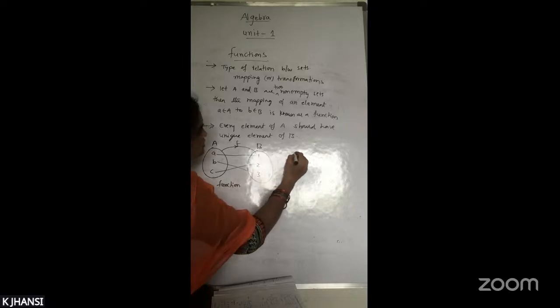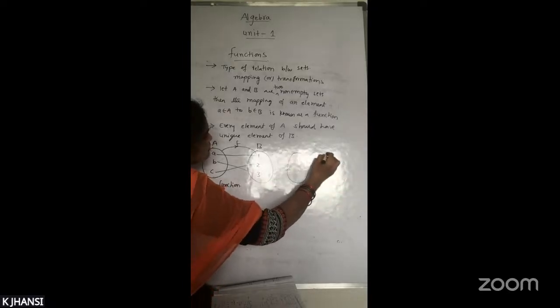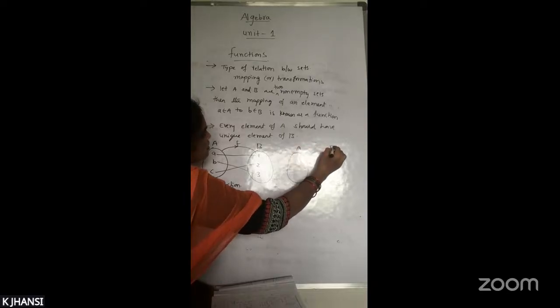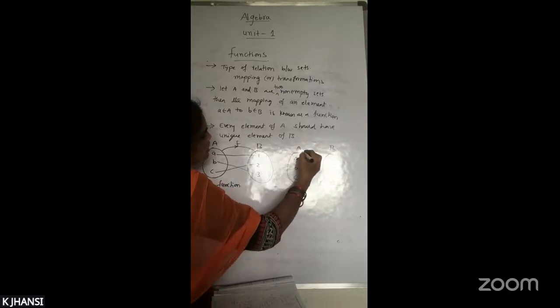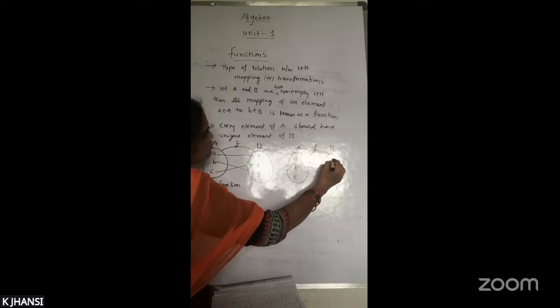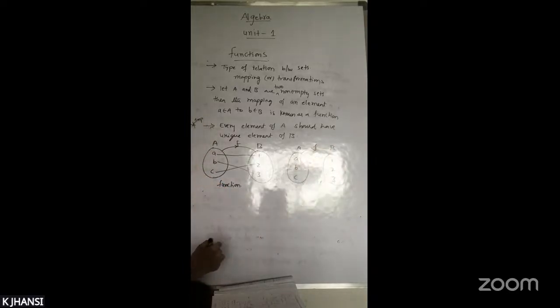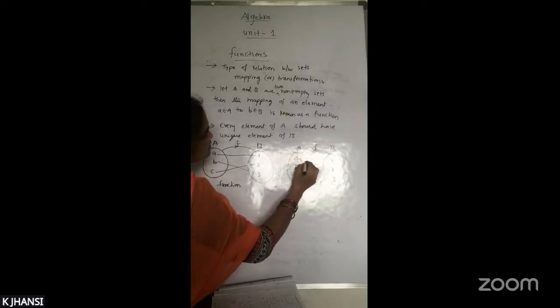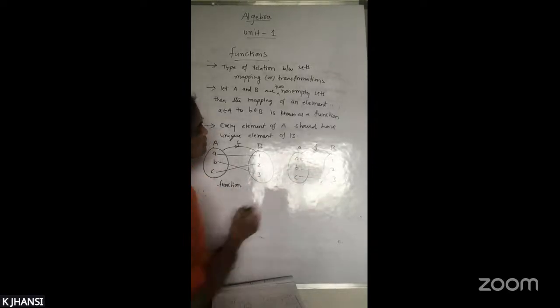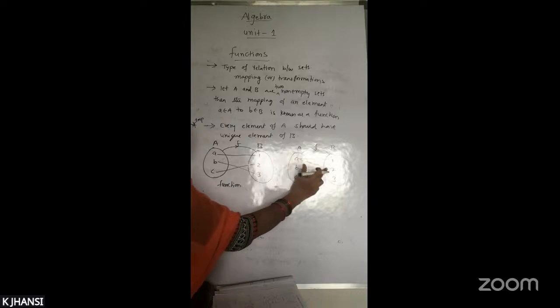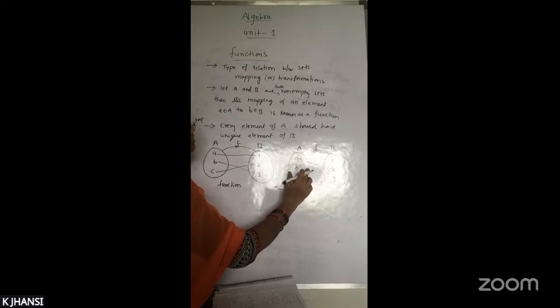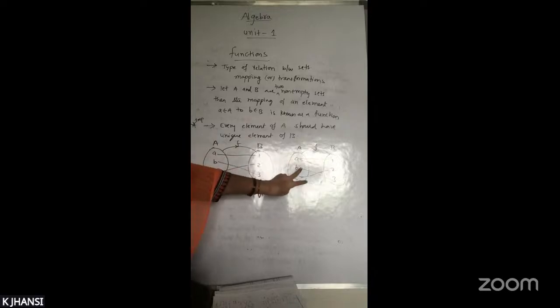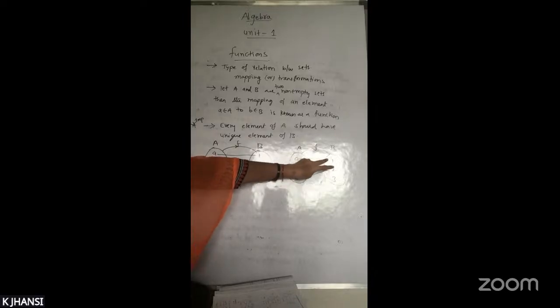If you have something like this, with A, B, C and 1, 2, 3 and the function F, you can see like this also. See here, A is mapping with two elements.